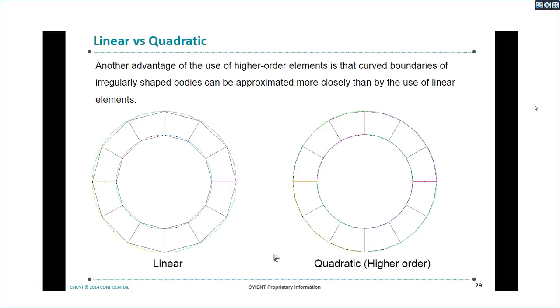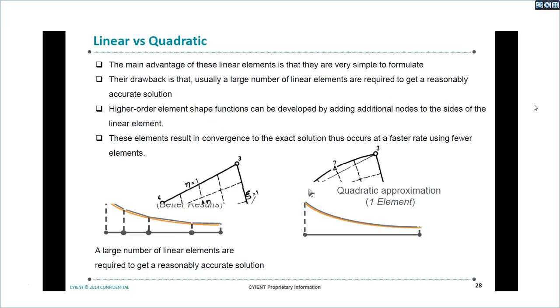When I use the same number of elements, without increasing the number, but use higher order quadratic elements, it perfectly captures the geometry. This is one of the important differences between linear and quadratic. So quadratic is also used to capture the geometry with the same number of elements.